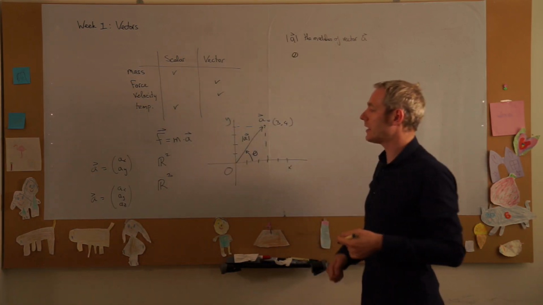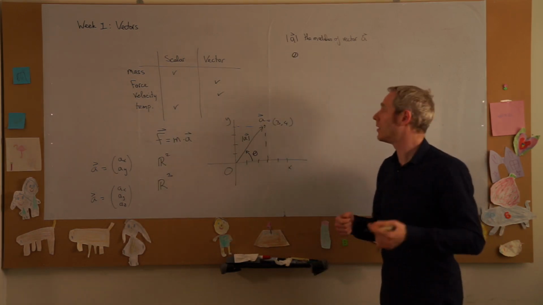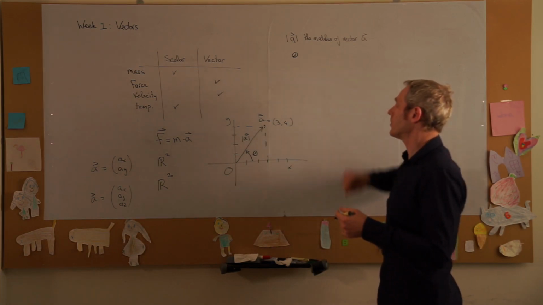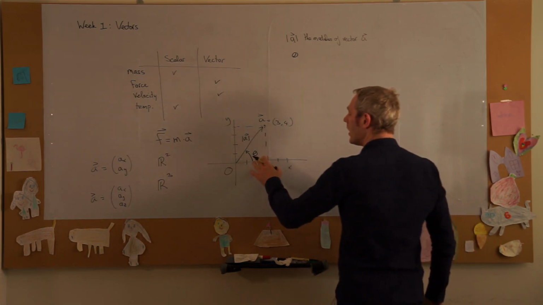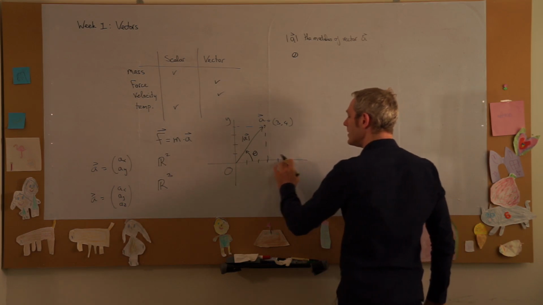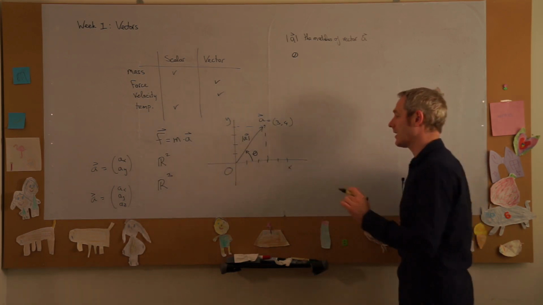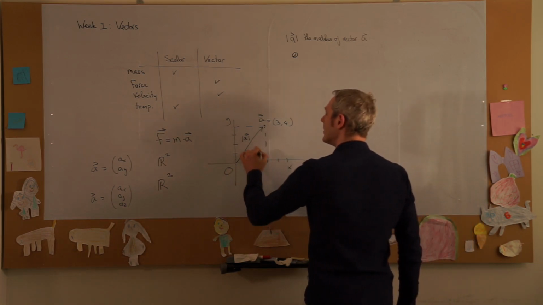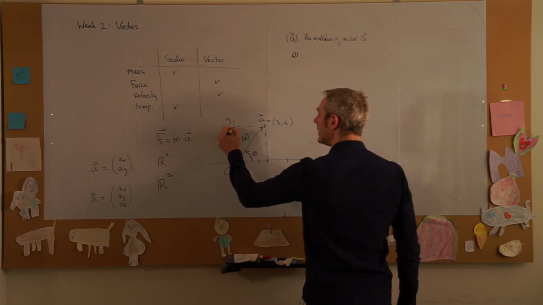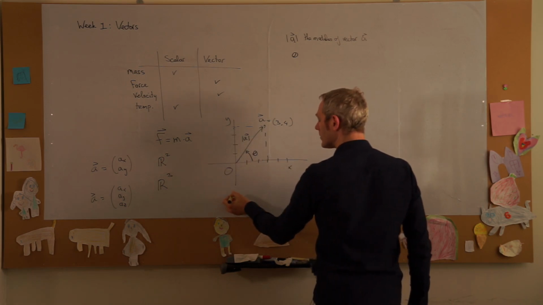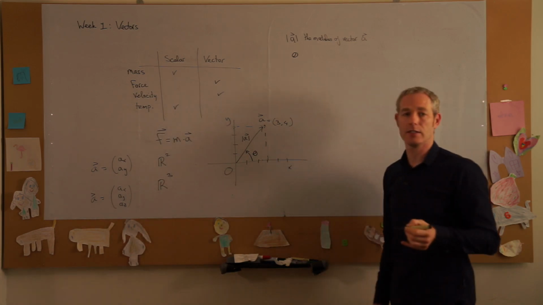Theta is the direction, or the argument of the vector, and we start at the positive x-axis. So 0 will be here, 90 degrees will be here, 180 degrees, 270 degrees, and 360 degrees.